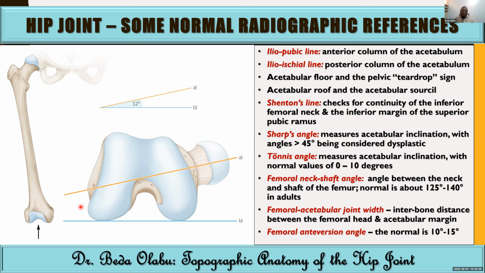The fact is both of them face anteriorly. And you want to ask yourself, why is it that both of them are facing anteriorly? It gives the femur a wider degree of freedom of movement, especially for medial rotation. That's the whole purpose.